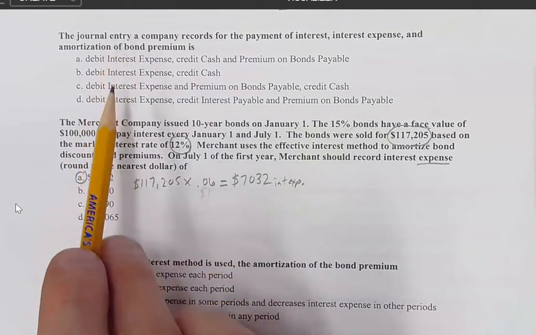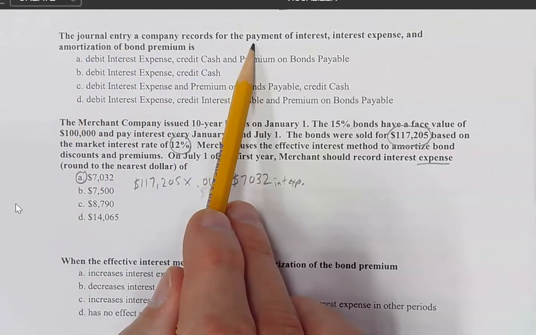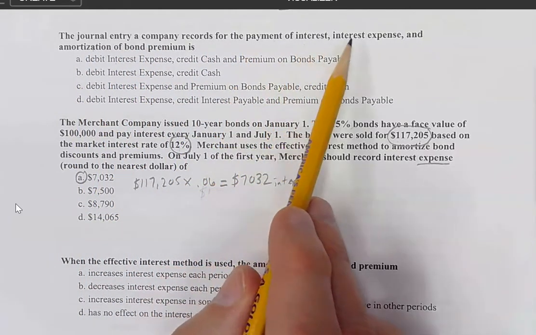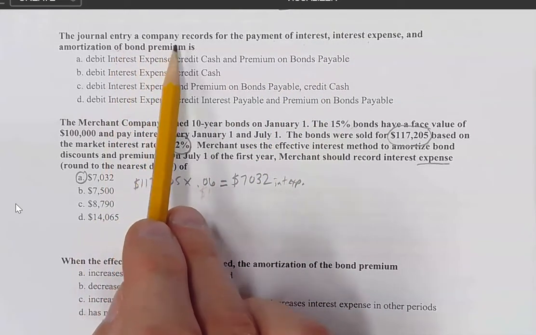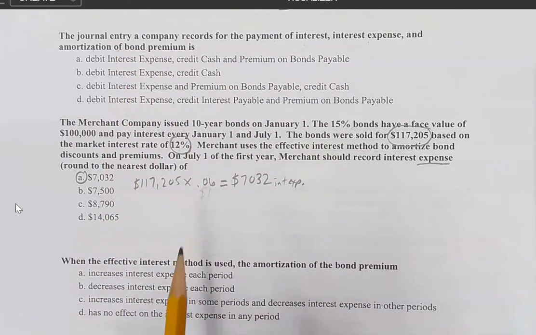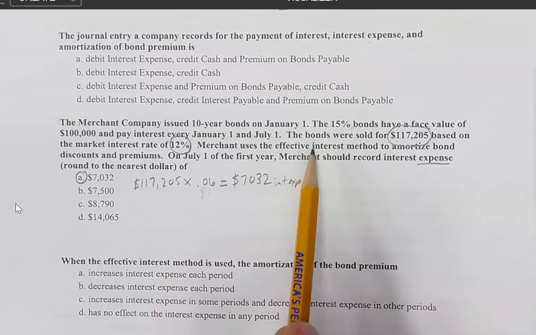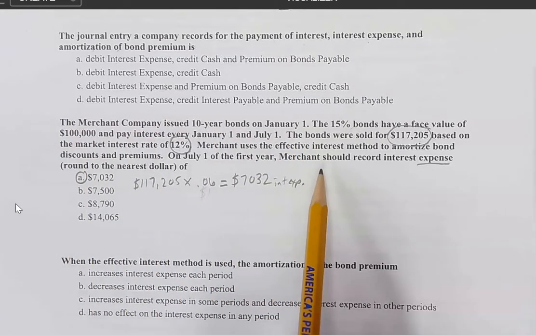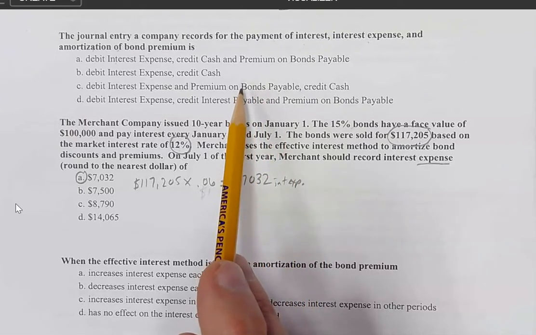Right here it says the journal entry a company records for payment of interest, interest expense, and amortization of the bond premium is, well, let's just go ahead and do a journal entry based on this scenario right here in the middle, and we can figure out what we need to do right here.